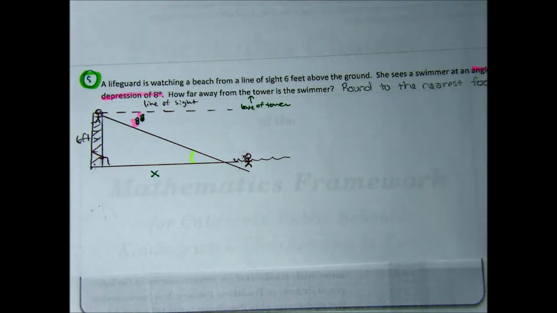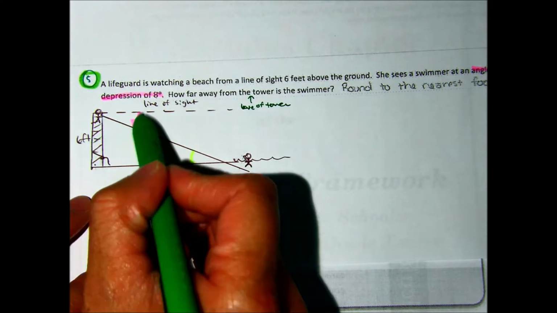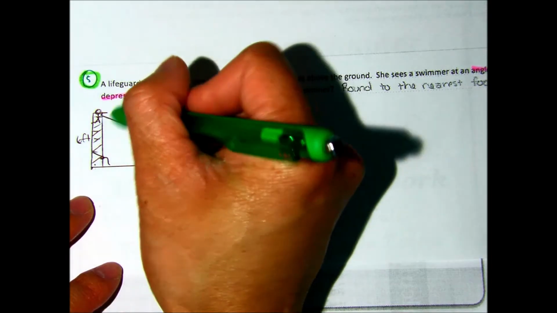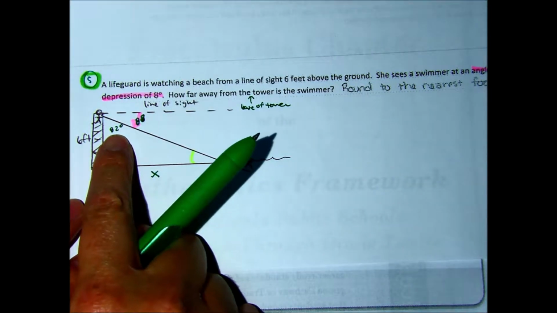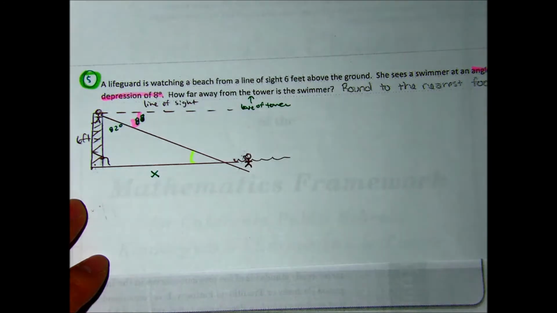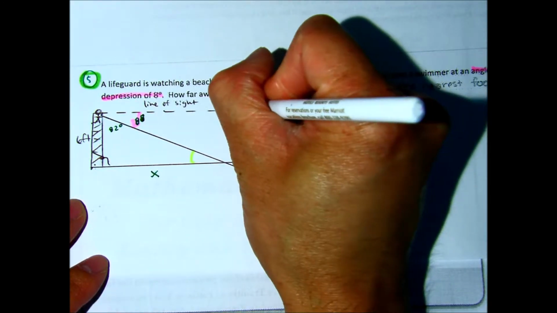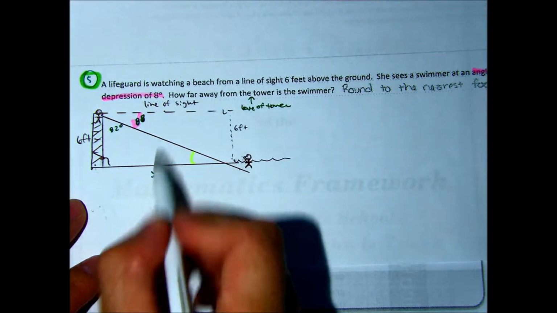Well, 90 minus 8 is how much? So you can write 82 degrees up here. Raise your hand if you did that. Totally okay. It's a little bit more work, but you can also draw a triangle up here and just move everything over. 6 feet, and then you can put X up here. Raise your hand if you did that. So I wanted to show that there's multiple ways of solving the same problem.